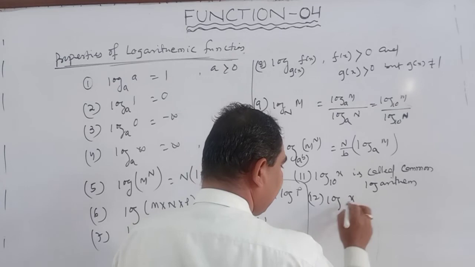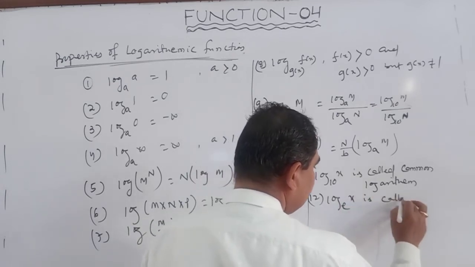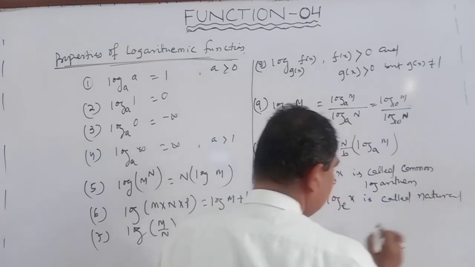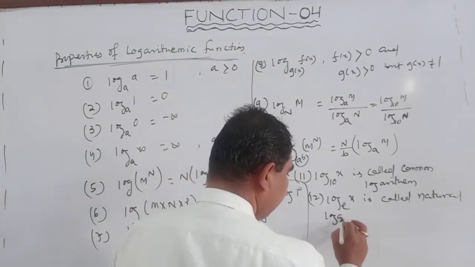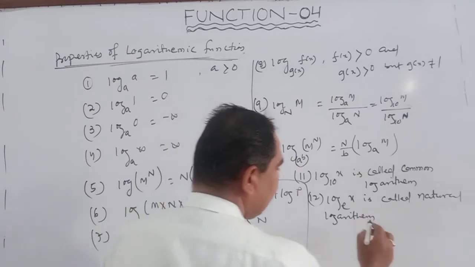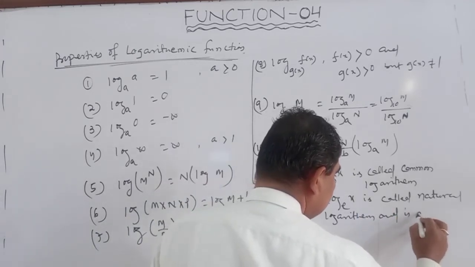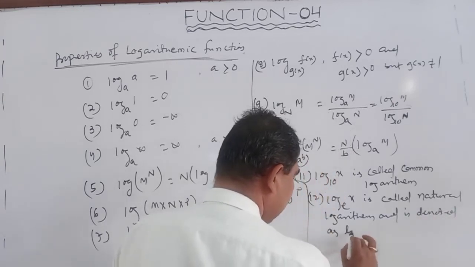Log of x base e is called natural logarithm, and is denoted as ln x.